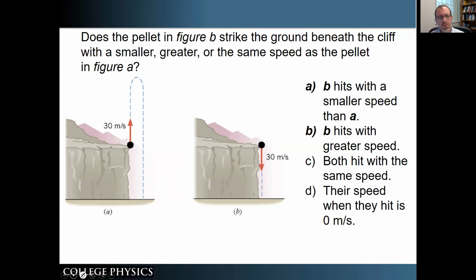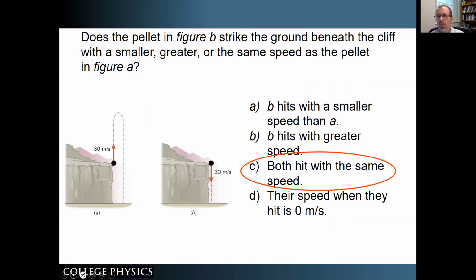We're asked if the pellet in figure B strikes the ground with a smaller speed, a greater speed, or the same speed as the pellet in figure A. So think about that for a minute. You can pause this. All right, okay. So the answer is actually that they both hit it with the same speed.